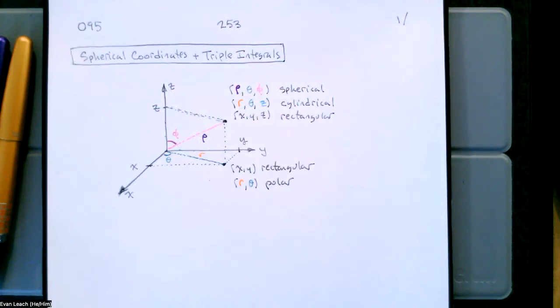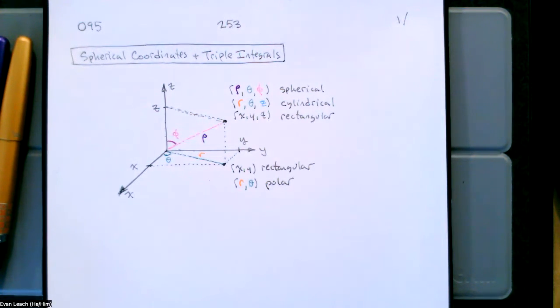You'll also notice that we led with spherical coordinates and triple integrals. As soon as I introduce you to the coordinates and describing places in space, I immediately jump to multivariable calculus and want to start using this in triple integrals. And I go, that's a little bit fast. I remember a good deal of time before we were doing even single integrals after we learned about x and y coordinates, because the xy coordinate thing happened in algebra, and then integrals happened in calculus, some significant amount of time later.